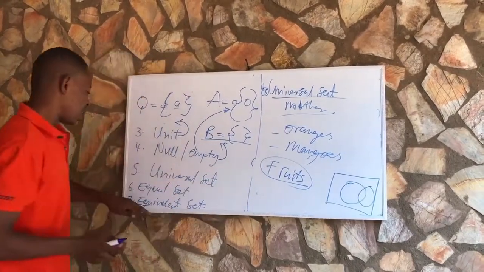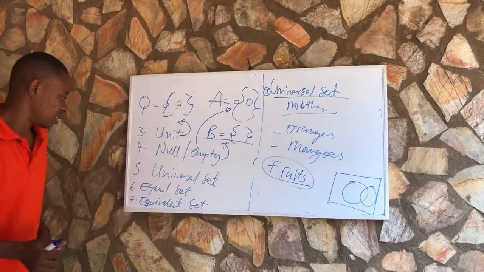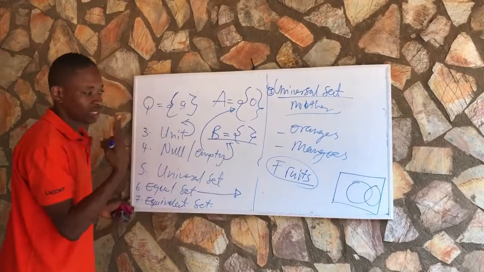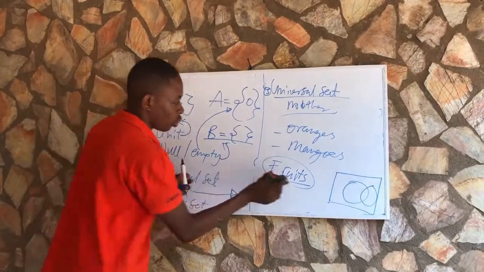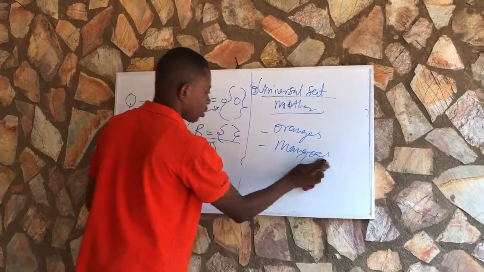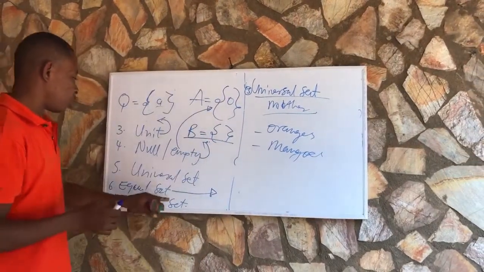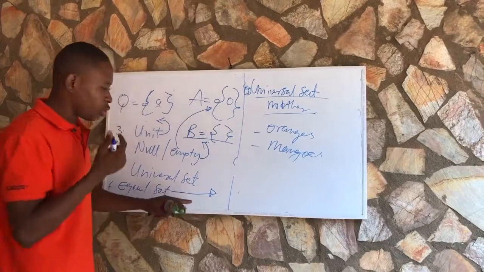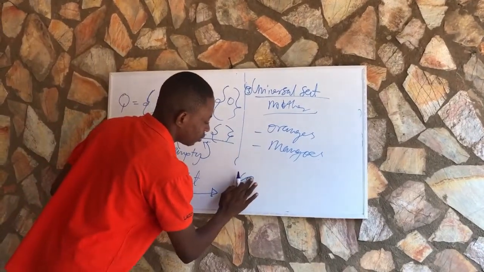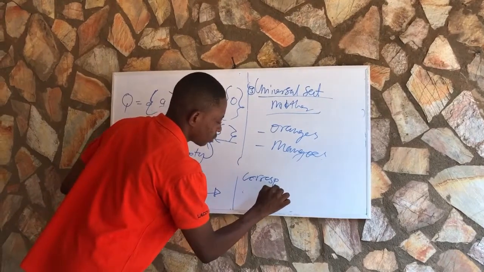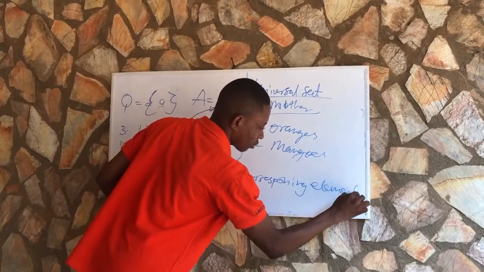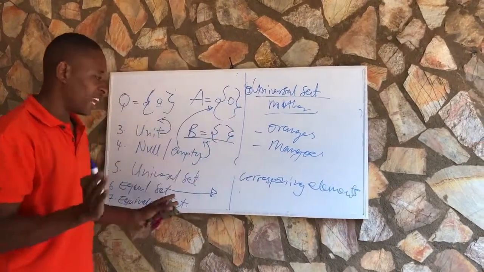Okay. The next type of set is equal sets. When we say two sets are equal, if two sets are equal, which means they contain corresponding elements or members.